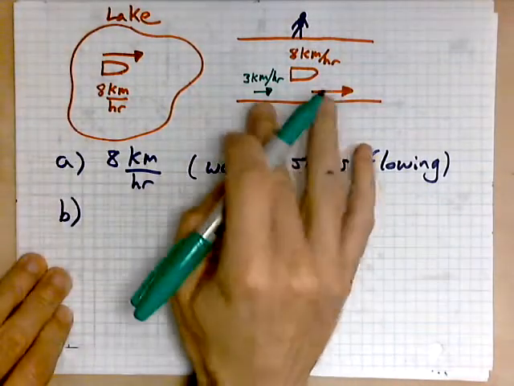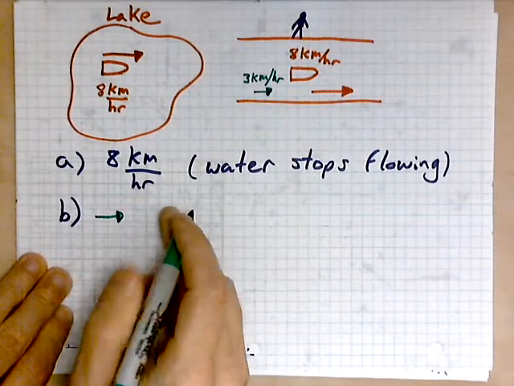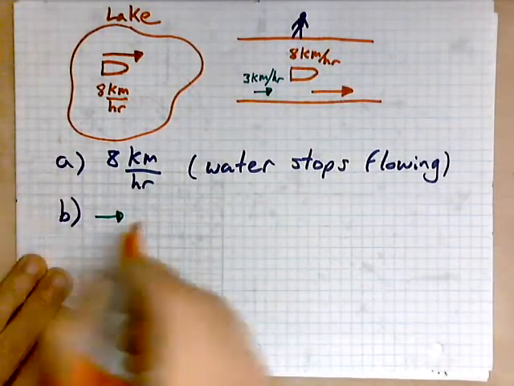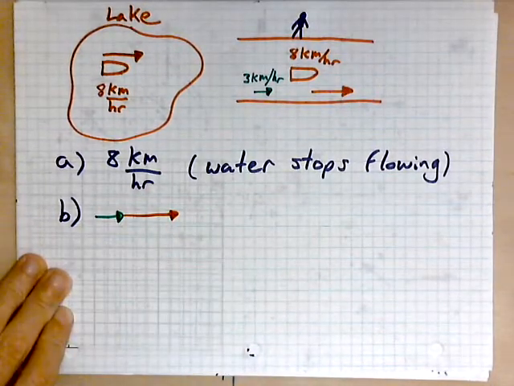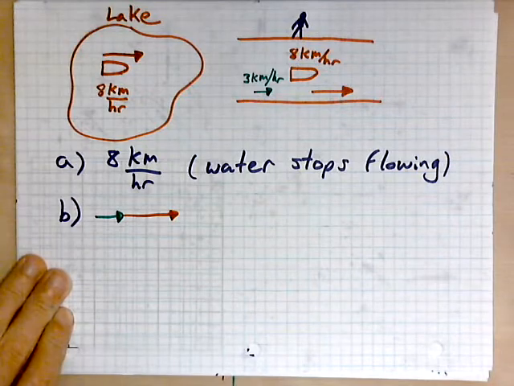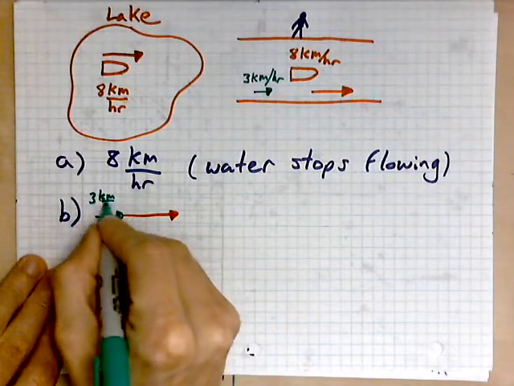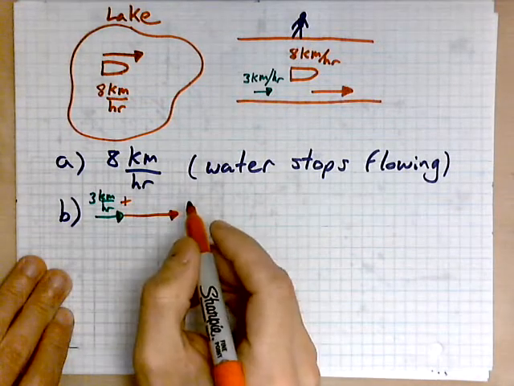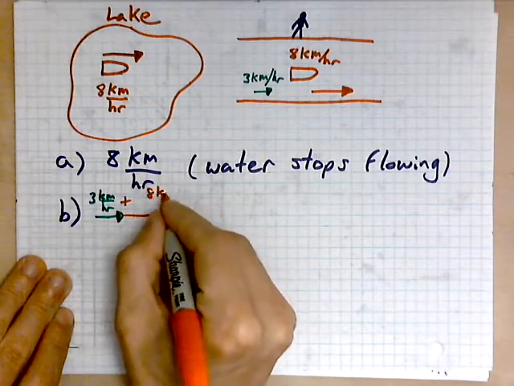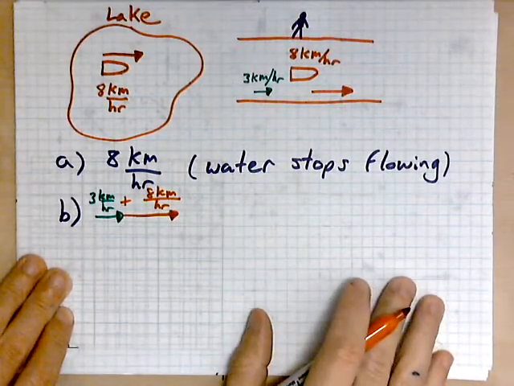Well, in this case, you just add the velocity vectors. So you take the green arrow, which is the velocity of the water, and to it you add the orange arrow, which is the velocity of the boat relative to the water. So this is your 3 kilometers per hour, and you're adding to it the 8 kilometers per hour like this.